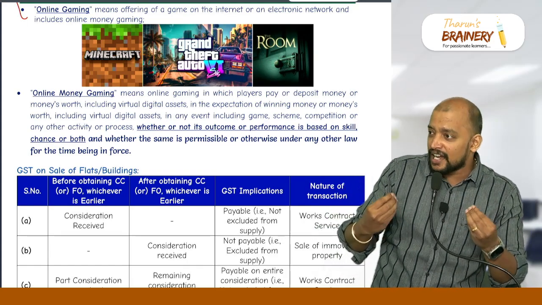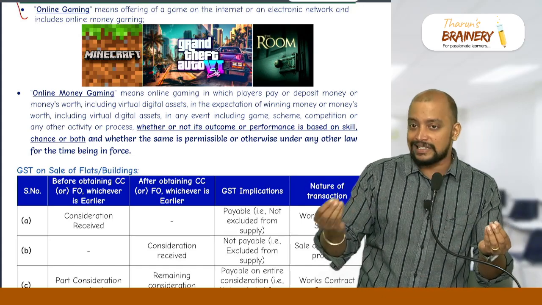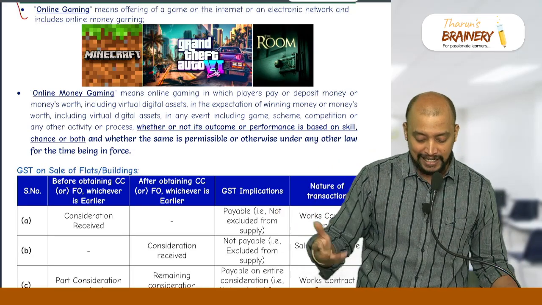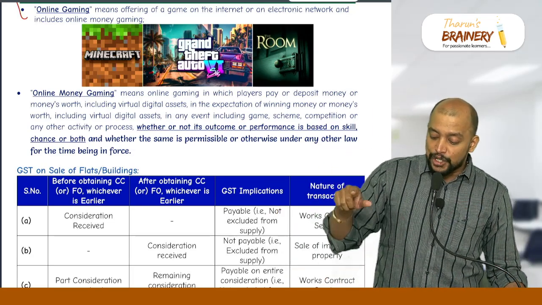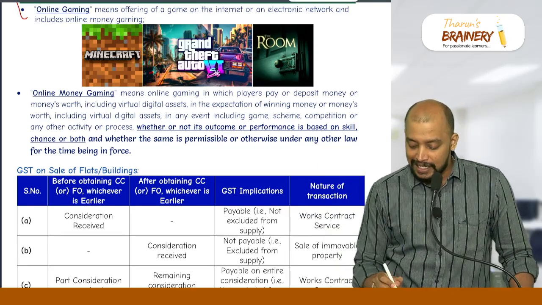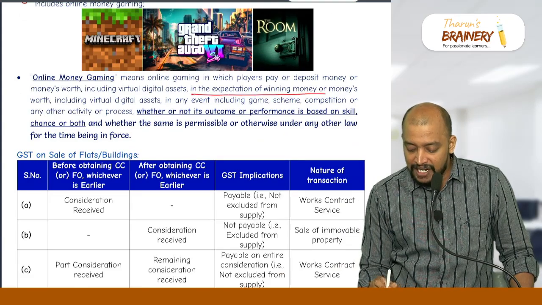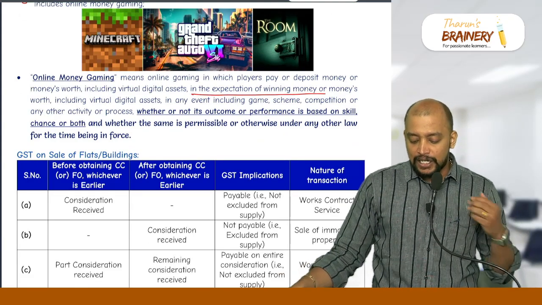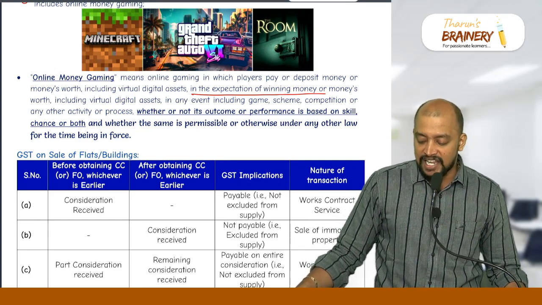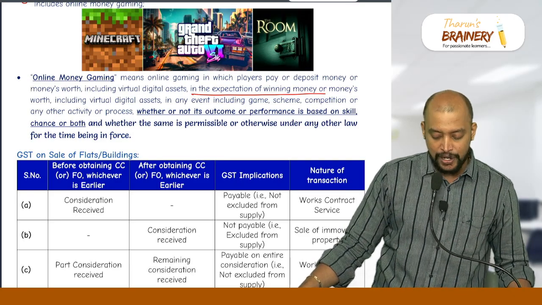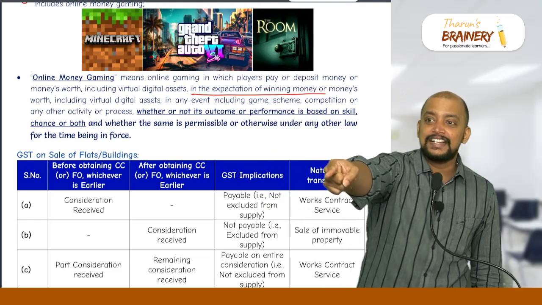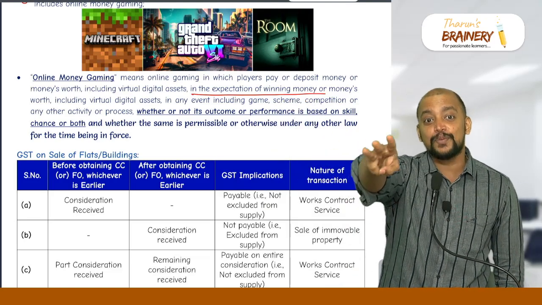They can spend even crypto, like Bitcoins or Ethereum coins or Doge coins or Raven coins, anything, to play, in the expectation of winning money or money's worth. Underline, in the expectation of winning money or money's worth, including virtual digital assets, in any event including game, scheme, competition or any other activity or process, whether or not its outcome or performance is based on skill or chance or both.